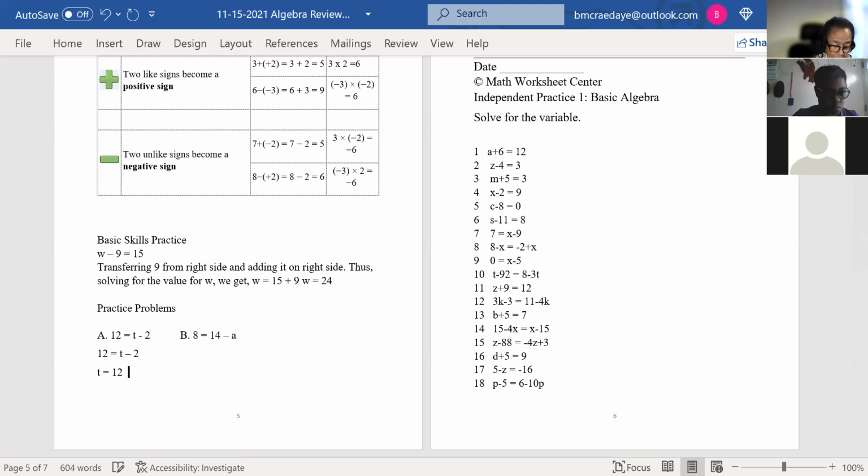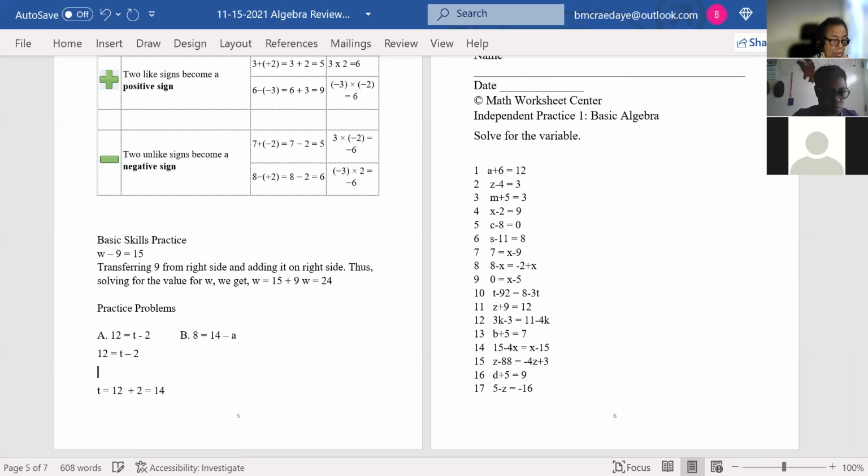12 plus 2 equals 14, right? So to keep this in balance, what you're really doing is adding the 2 to both sides, and 12 plus 2 is 14, and t minus 2 plus 2.